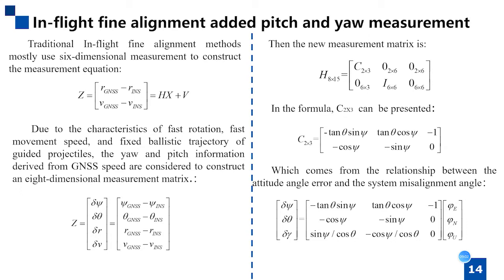At the same time, because the 15-dimensional state quantity contains the system misalignment angle, not the actual angle error, it is necessary to build a relationship between the actual angle error and the system misalignment angle.